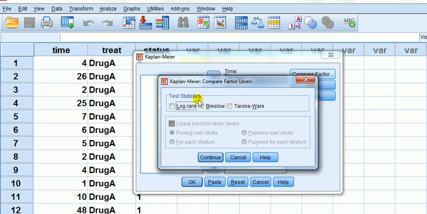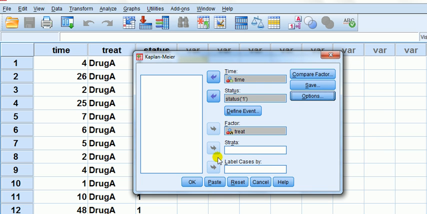I'll tell you what these tell us in a moment, but for now let's just click on them all, go continue. So we clicked on log rank, Breslow and Tarone-Ware, and at this stage we can click OK, but let's look at some of these other things.